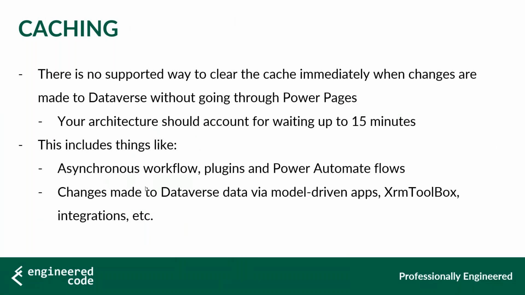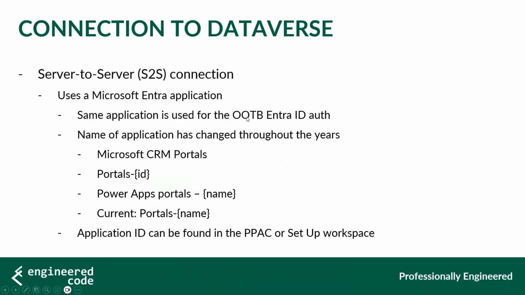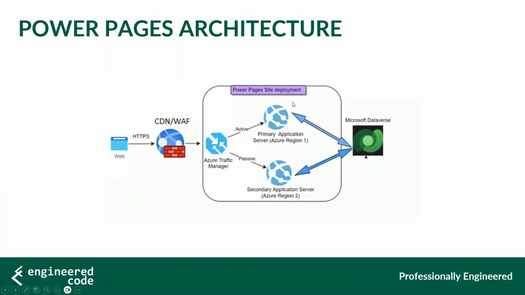There's no supported way to clear the cache immediately when changes are made to Dataverse without going through Power Pages. So I'm going to go back to this diagram. Where all the problems happen is when a change is made directly to Dataverse without it going through these application servers. How does that happen? If you make a change through the Design Studio, and we're going to talk about this in a second, the Design Studio is not going through these web applications.